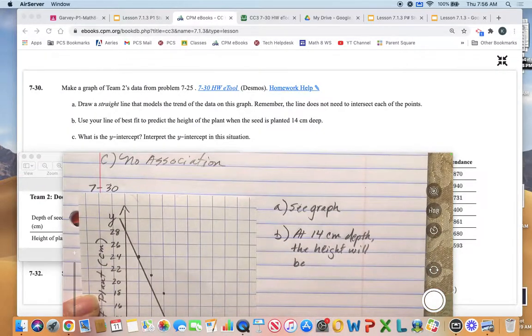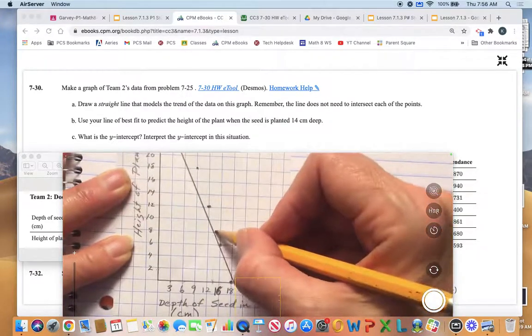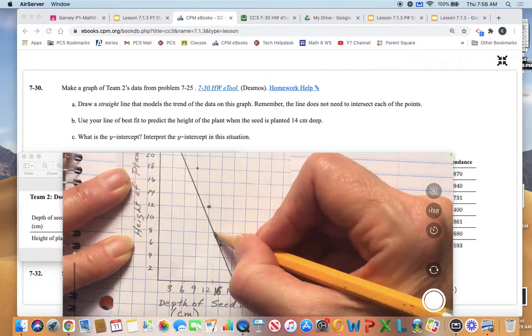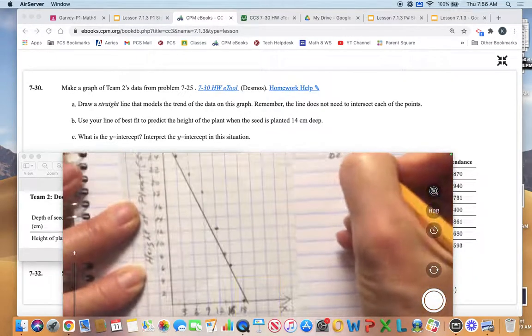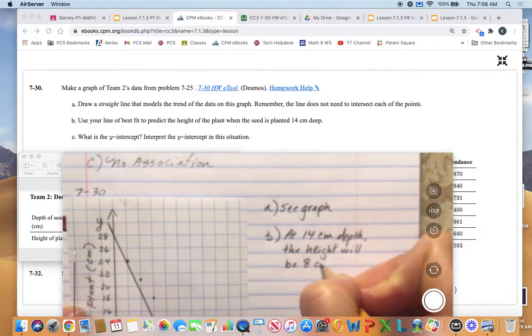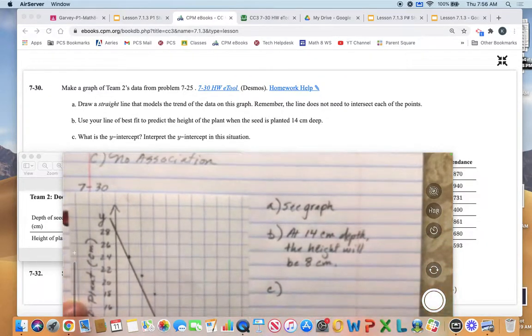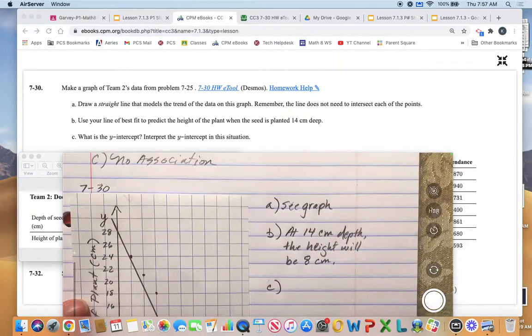So 14 going up to about 8. So let's go back to our paper, 8 centimeters. Okay, so now let's look at C. What is the y-intercept? Interpret the y-intercept in this situation.